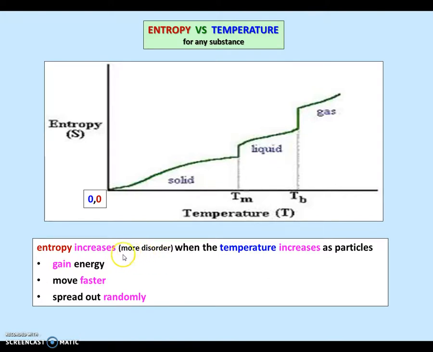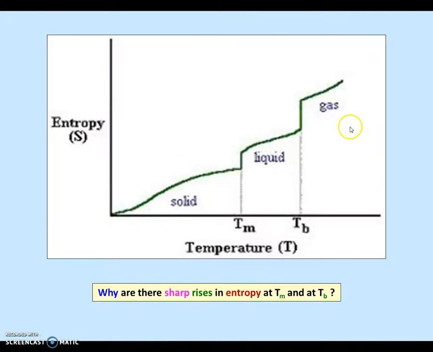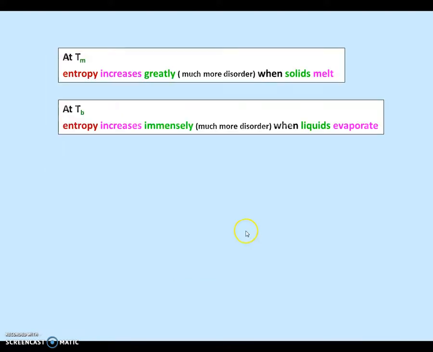Again, linking this into the previous slides, the entropy increases because the particles are gaining energy, they are moving faster, and then they are spreading out more randomly. So at the melting temperature, the entropy increases greatly because there's much more disorder when the solids melt.